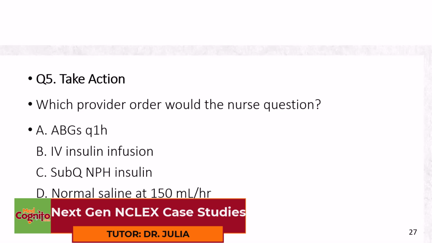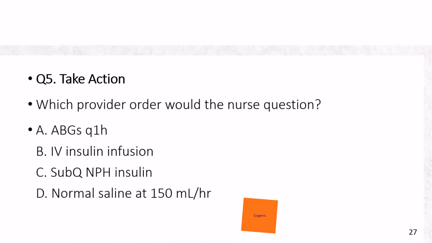B, give IV insulin infusion. C, subcutaneous NPH insulin. D, normal saline at 150 ml per hour. Remember, we have to hydrate the client. So you are on duty. Which of these will be suspicious? And you're going to ask, why do we have this for this client with DKA?